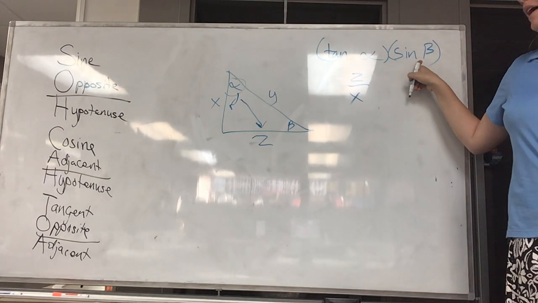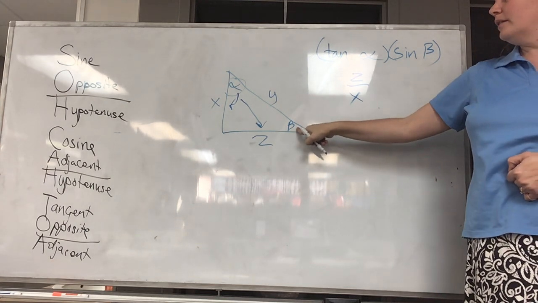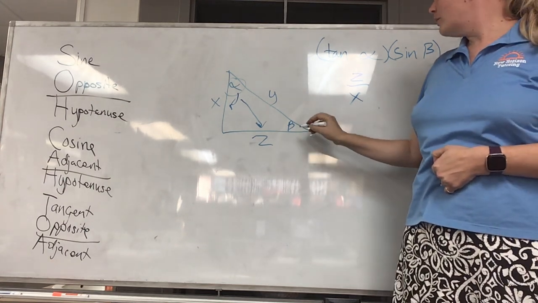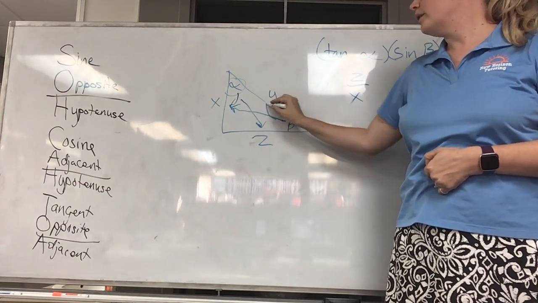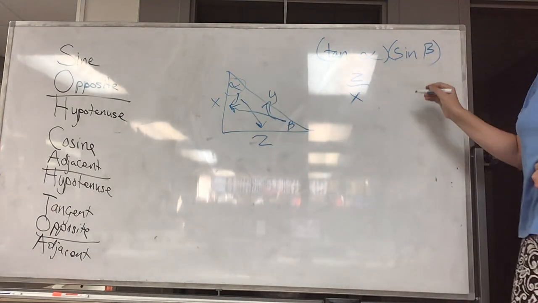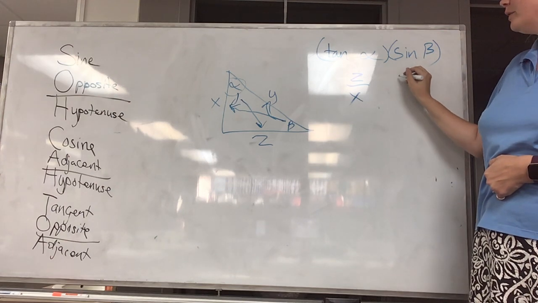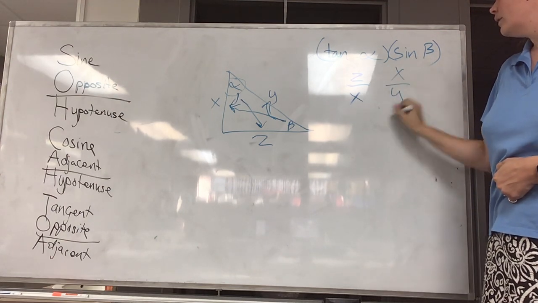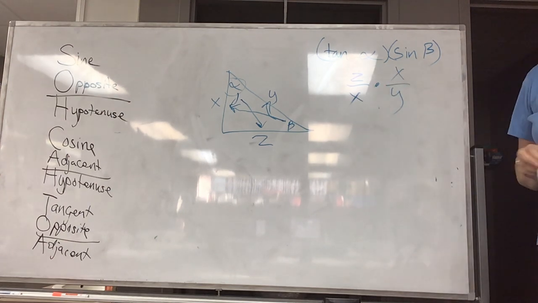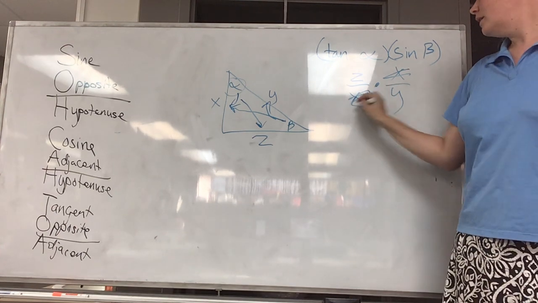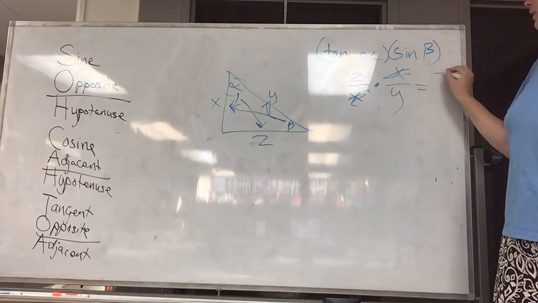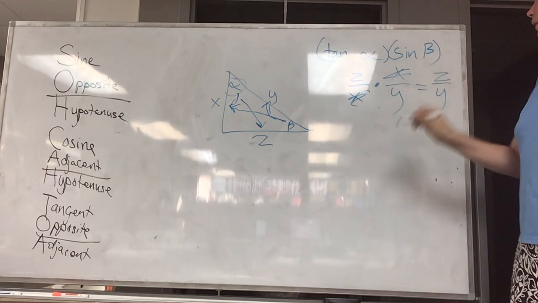Next one wants the sine of beta. That's going to be x over y, opposite over hypotenuse. We're multiplying those together. What's going to happen? The x's cancel out, and so this equals z over y.